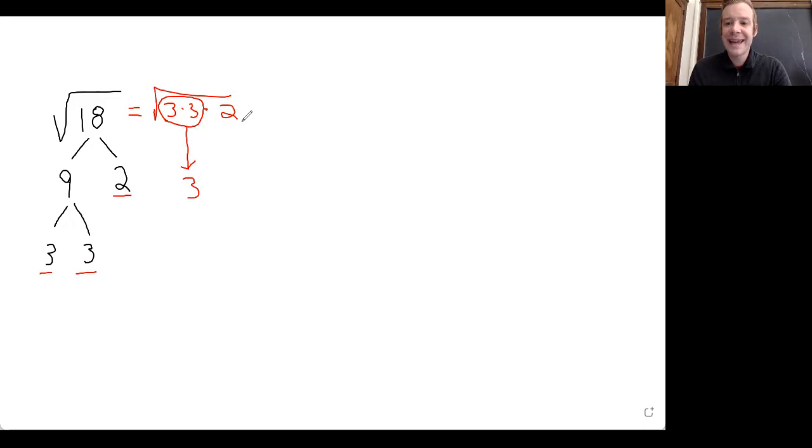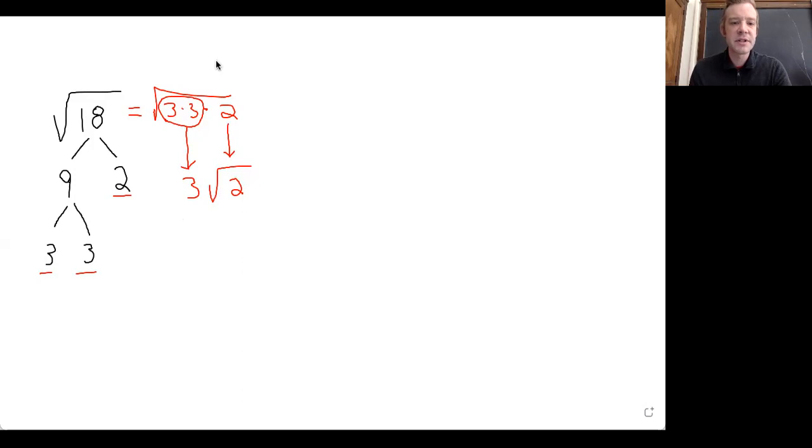This 2, however, can't be circled because there's no additional 2. And so that 2 has to stay inside of the square root. And so that just comes down. So the square root of 18 will simplify to 3 square root of 2. And then you can go ahead and perform additional operations that might be listed in your problem, but this is how we simplify a square root.